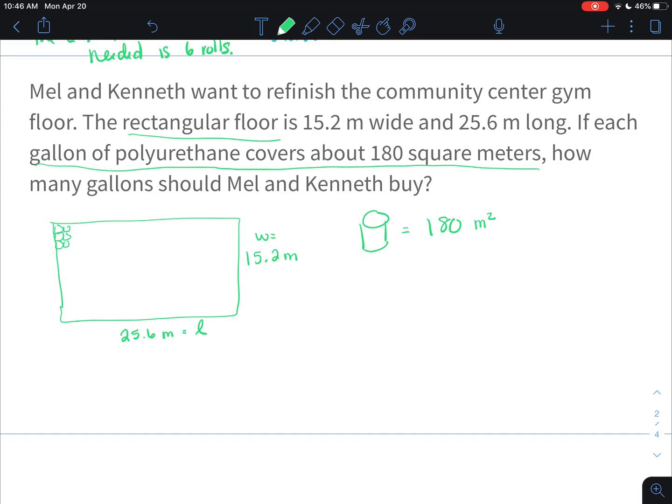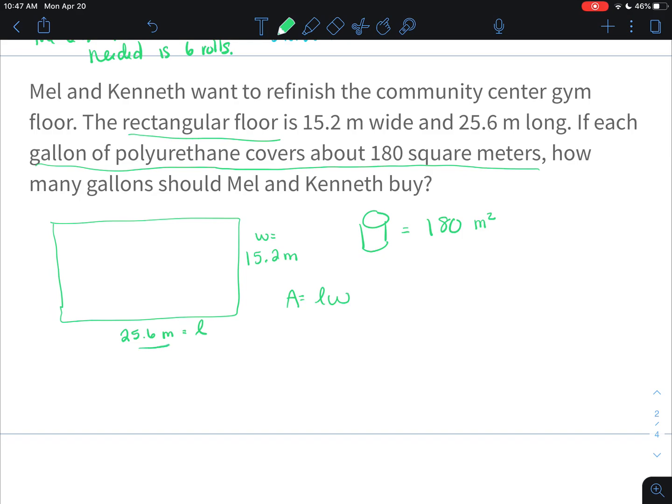I need to figure out how many cans I need until the whole floor is covered. The first step is to find the square footage of the gym floor. We need to know the total that needs to be covered. To do that, we need to find the area.